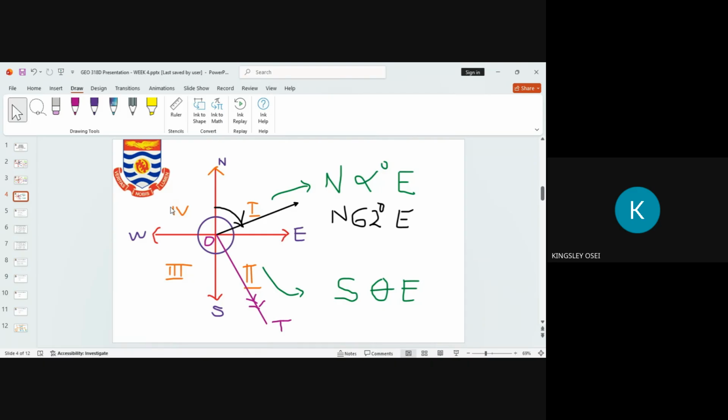They use the south to the east this way, anti. When you are here too, you start from the north and turn this way towards the west. So that's also anti. So the second quadrant and the fourth quadrant, angular reckoning is anti-clockwise.